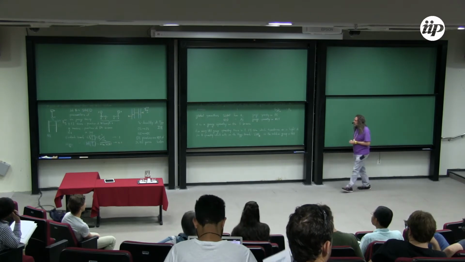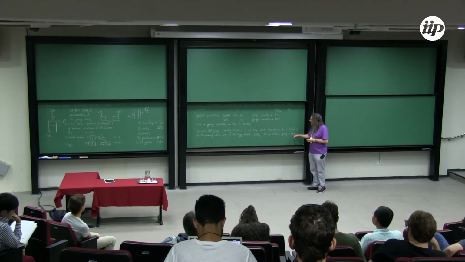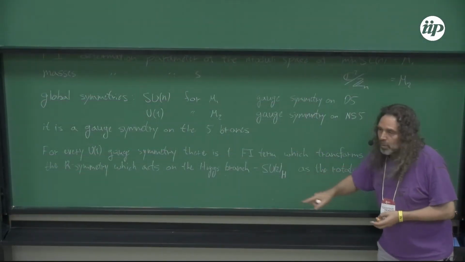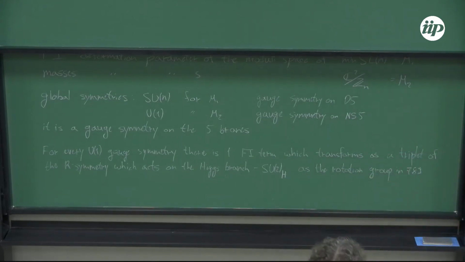One way we can interpret what you're saying is that since the Fayet-Iliopoulos term is a parameter and it does transform under SU(2)R, when I turn on a vector in 3 space, I pick a direction and I only have a residual symmetry, which is the rotation around this vector.